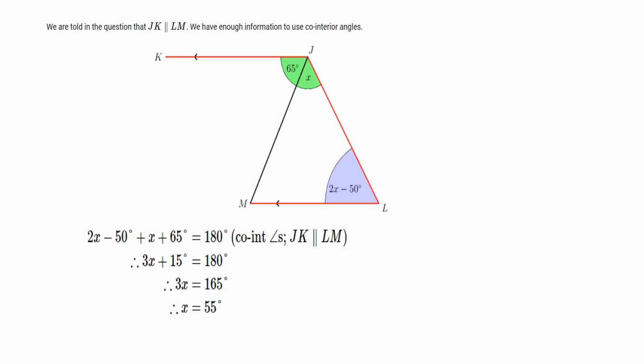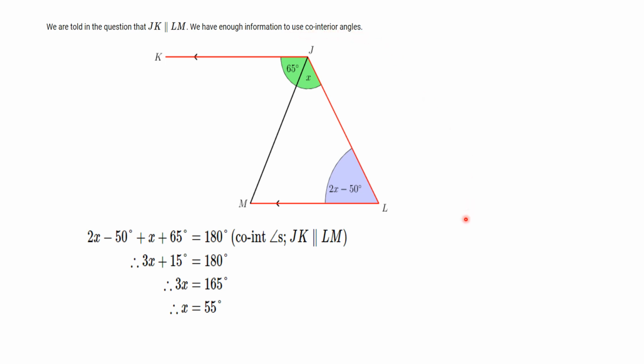Now we have another figure here. In this figure, we are told in the question that JK is parallel to LM. So we have enough information now to use co-interior angles.